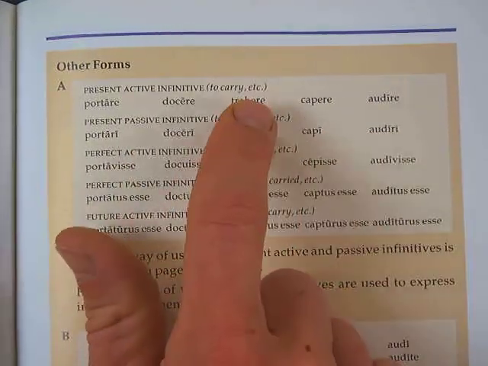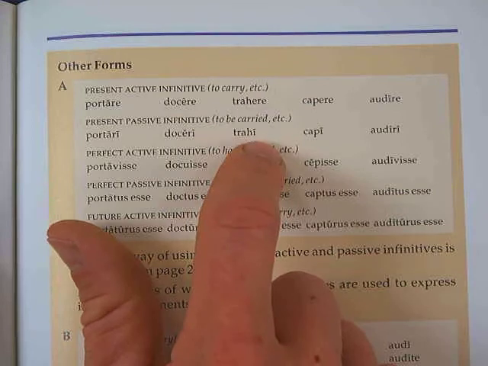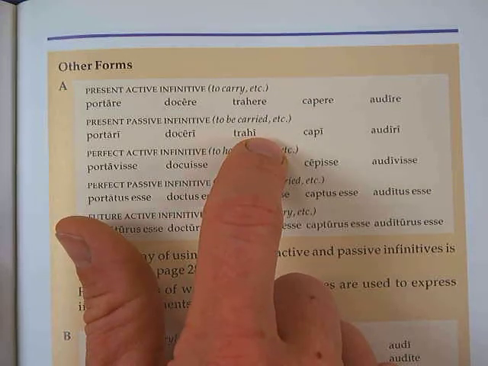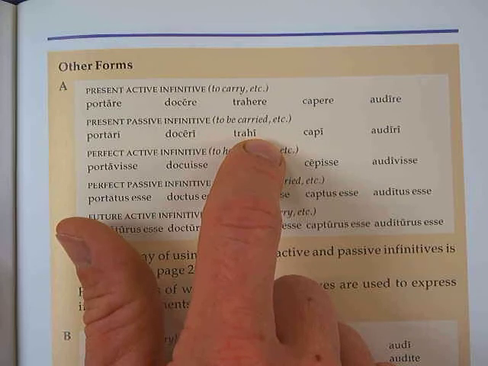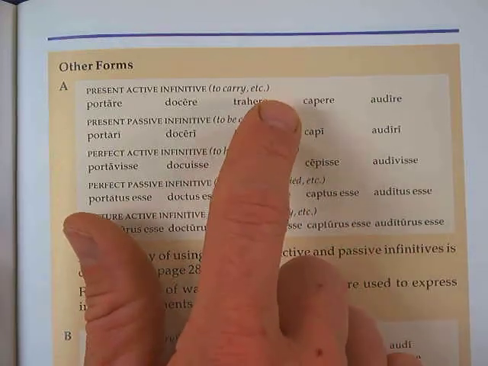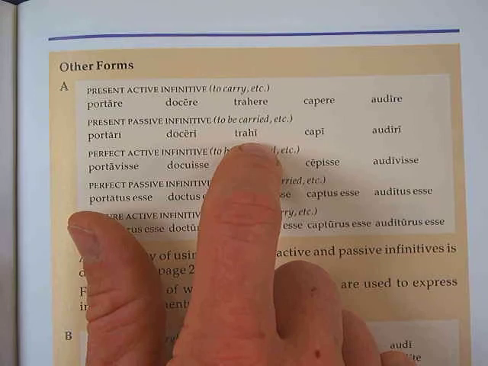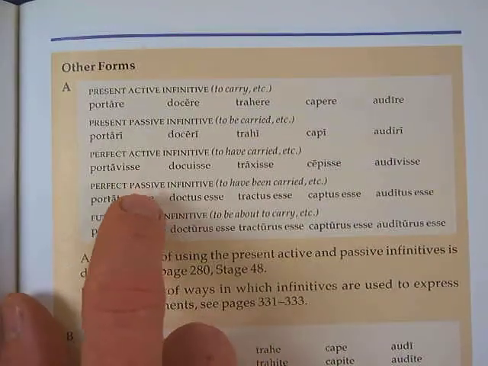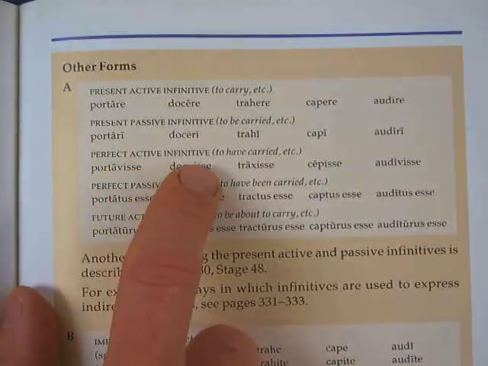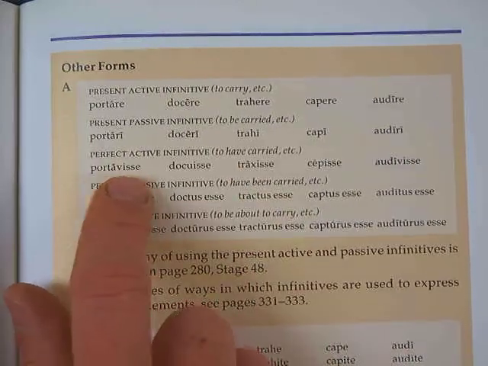It's the passive form of the infinitive, and it works the same way. You change to an I. Notice for trahere, since that E is weak, it changes to an I, and the ER drops out. So it's trahi. Ducere would be duci. Dicere would be dici. Okay, so it works like that.